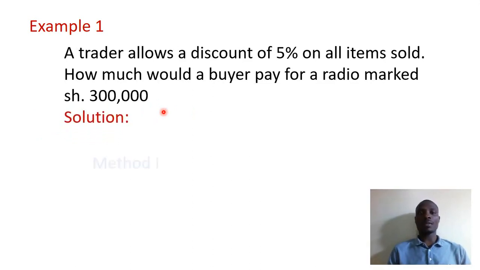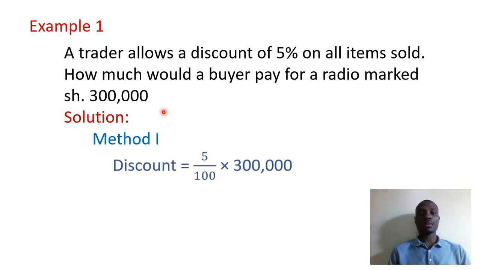There are two methods we can use to do this question. Let's look at the first method. In this method, we are going to first of all get the discount. And we know that the discount is 5% of the market price. 5% means 5 out of 100 of the market price. So we shall get 5 out of 100 times the market price, which is 300,000 shillings, and that will give us the discount.